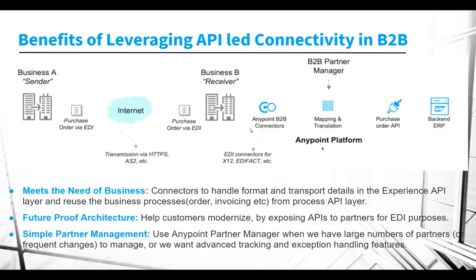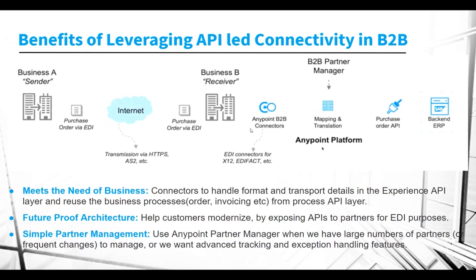Then we saw how MuleSoft tries to solve this problem. And in this slide, we'll see how the partner manager, a very nascent product built on top of your API-led connectivity, fits into this architecture.